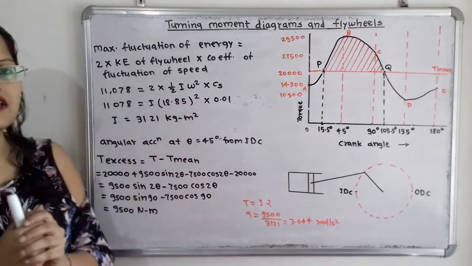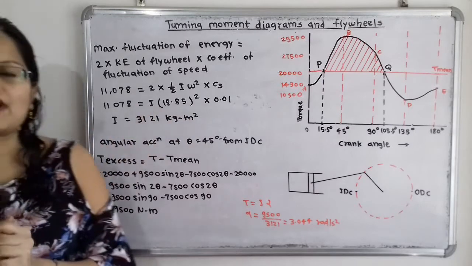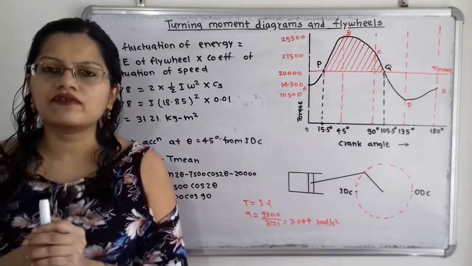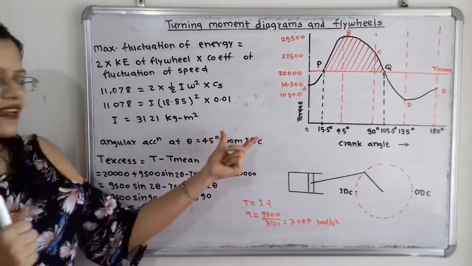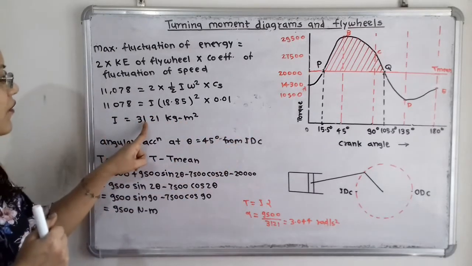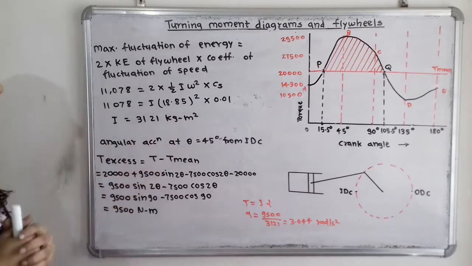So we have to take its square, and from that we can easily calculate the value of I, the mass moment of inertia of the flywheel, and that is the answer of our second question, 3121 kilogram meter square. So this is the answer.